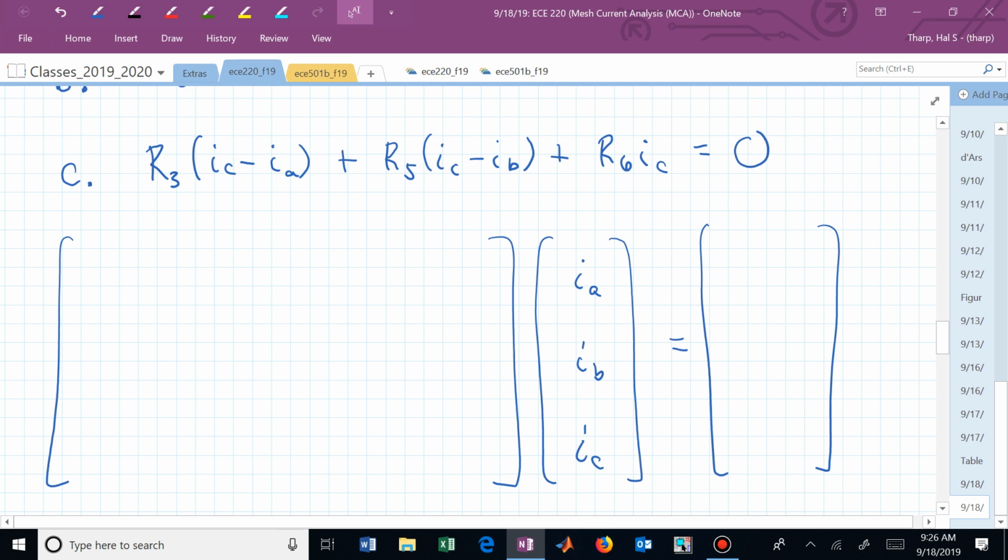This is now going to be an impedance matrix that's 3 by 3 in this problem. We have 3 mesh equations, and we have the 3 unknown meshes to solve for. What's going to be in the right-hand side? Resistance times current gives us voltage, so we'll be seeing voltages in the right-hand matrix.